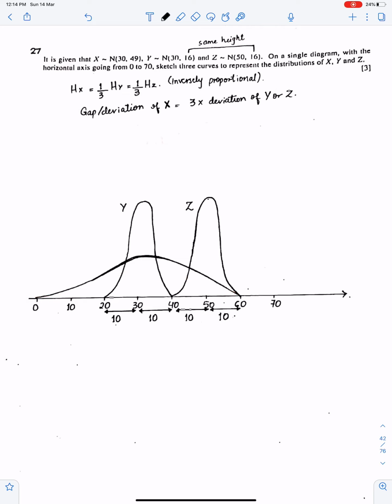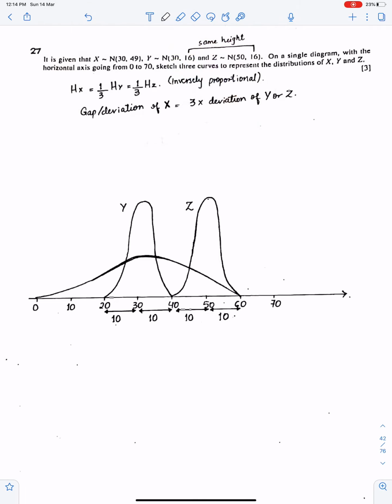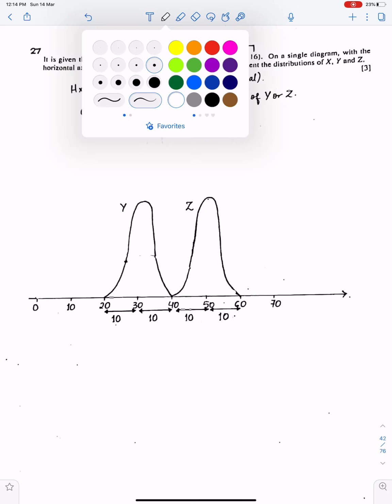Let me try to erase this. The peak should be one third and the width should be 3 times.